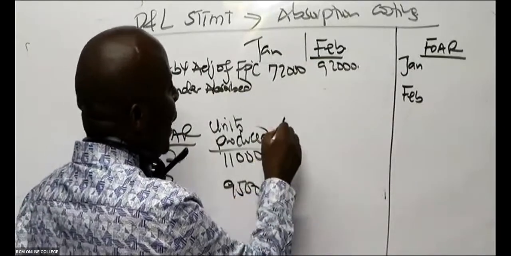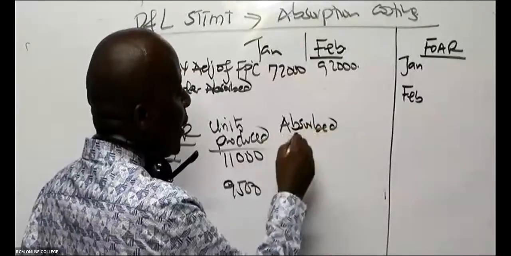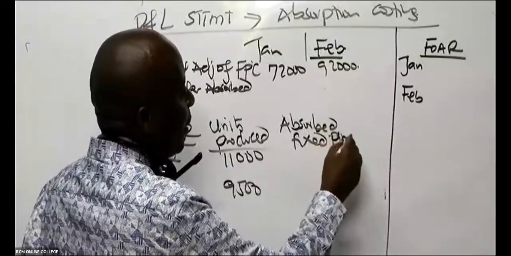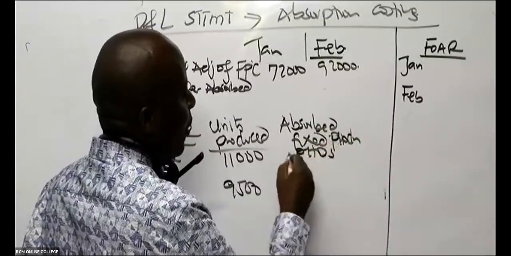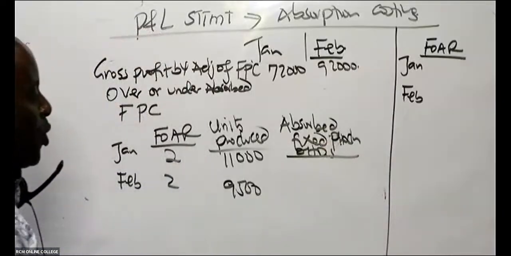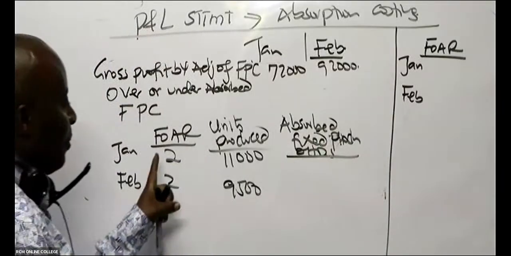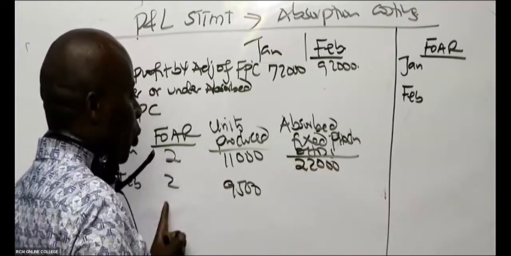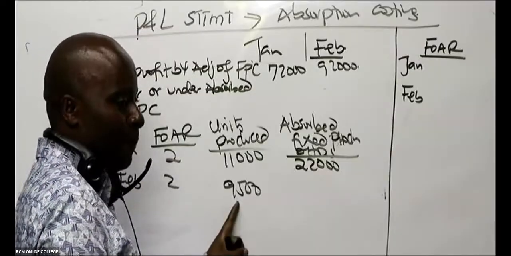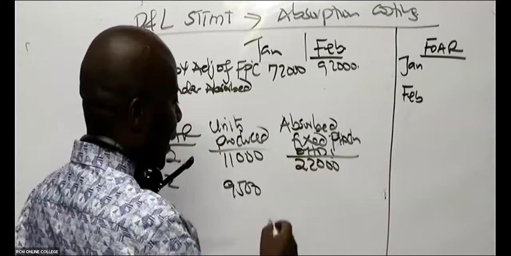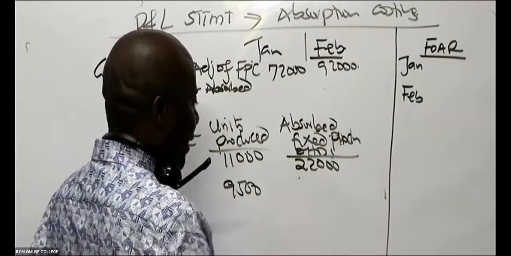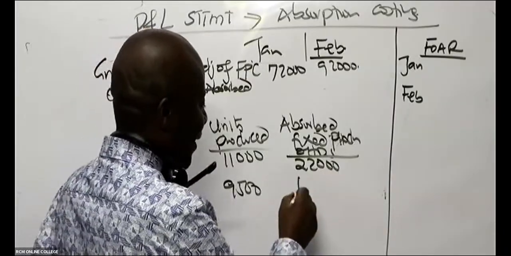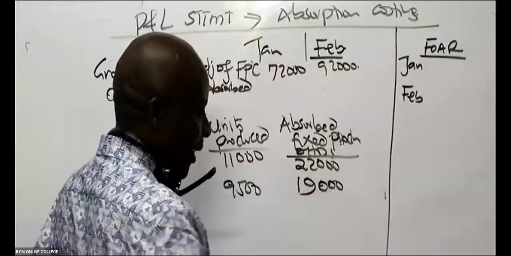9,500. So then give me the absorbed fixed production overheads. In this case it will be 2 times 11,000, which is 22,000. 2 times 9,500 is 19,000.